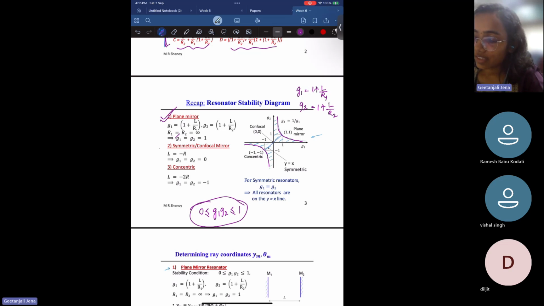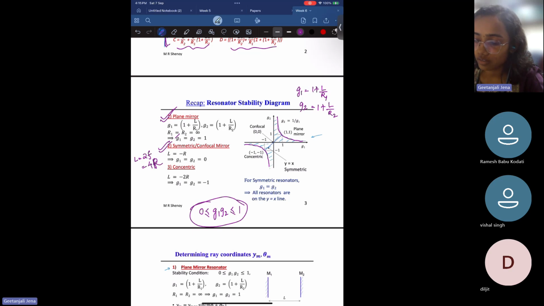And the second case that we have seen is the symmetric confocal mirror resonator. When we talk about confocal, what will be L? L would be 2F. If you want to write it in terms of radius of curvature, it will be 4F.